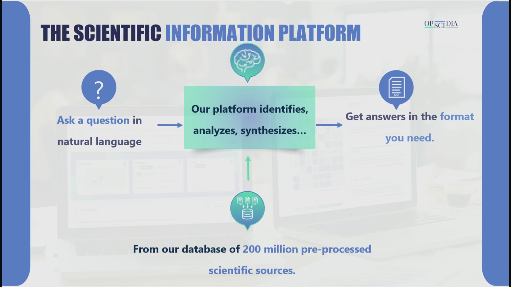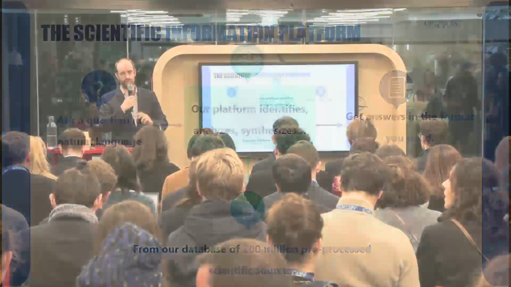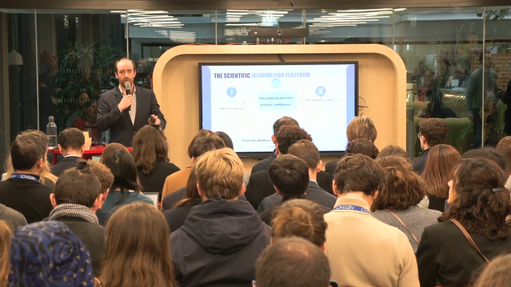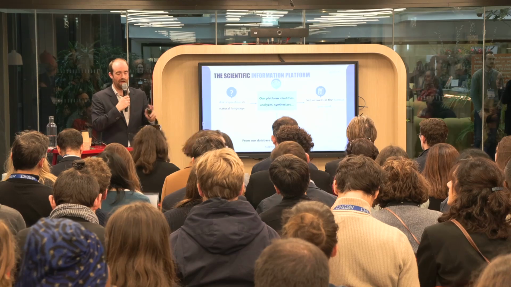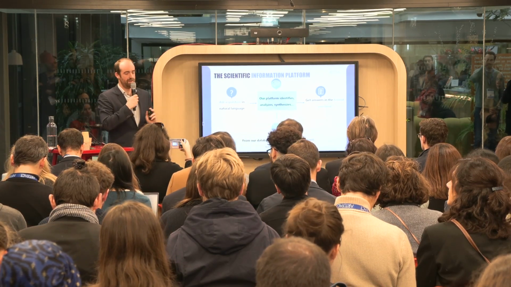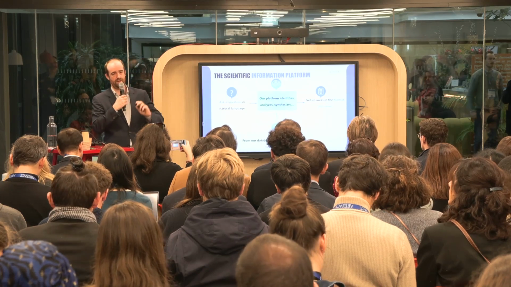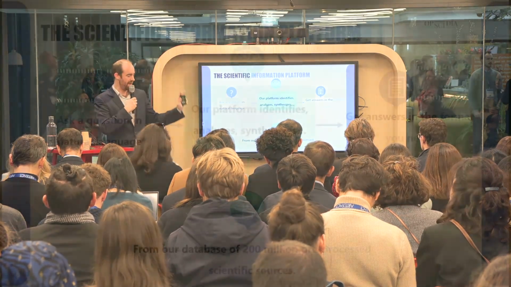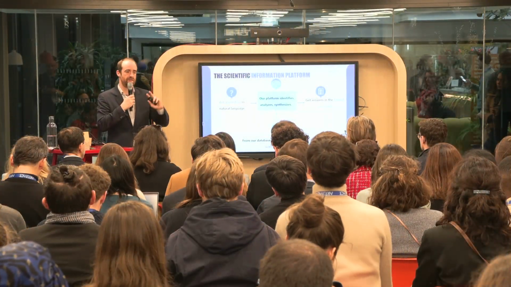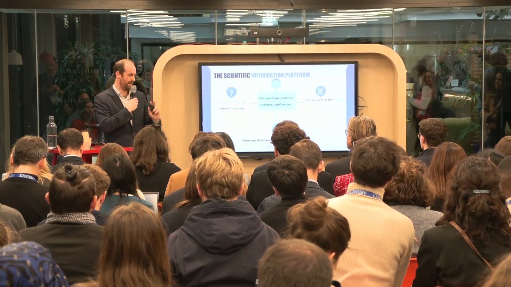So we've built a scientific information platform where the user can ask a question in something as close as possible to natural language. Then we have an interplay between different AI pipelines and a data set of 200 million pre-processed documents, scientific articles and patents.